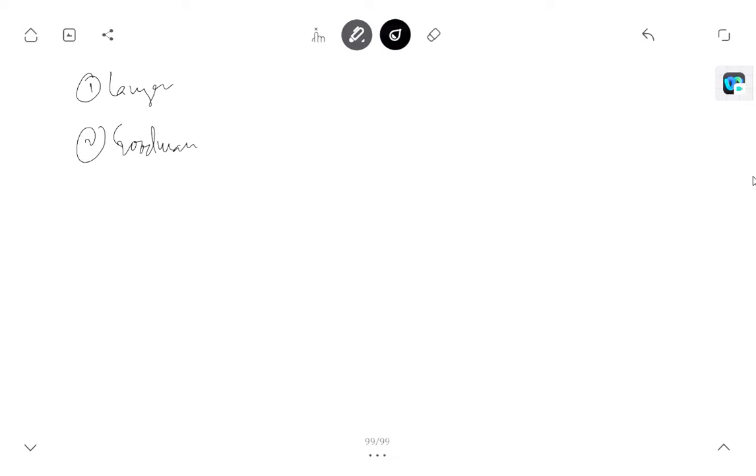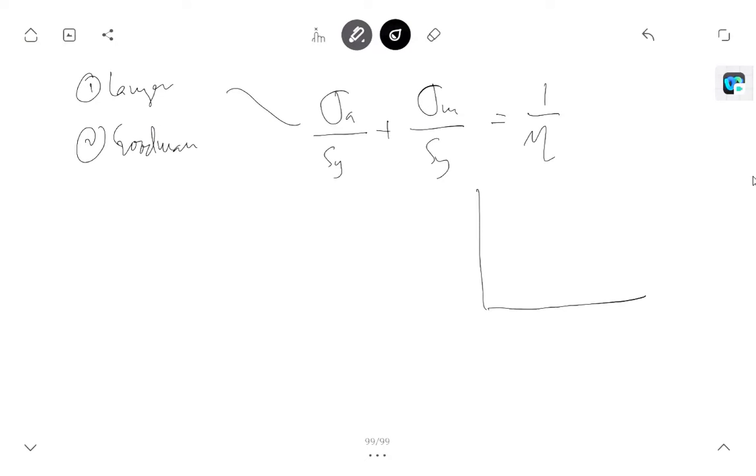For the Langer safety factor, sigma A over sigma Y, yield strength, plus sigma mean over sigma Y equals 1 over the safety factor. If the safety factor is 1, then we have the graph.